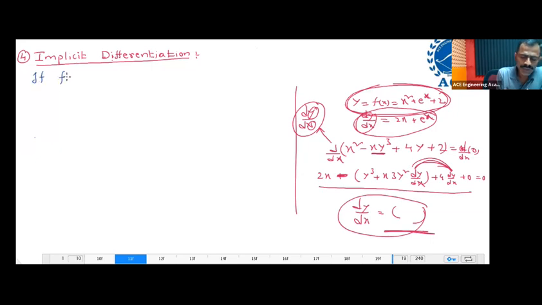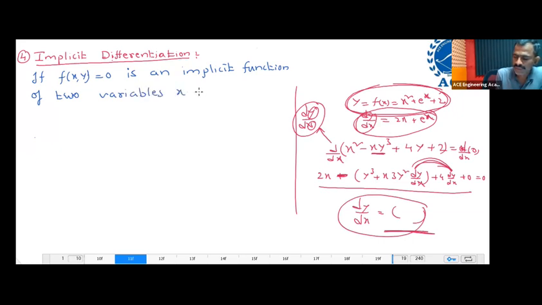If f of x comma y equal to 0 is an implicit function of two variables x and y.